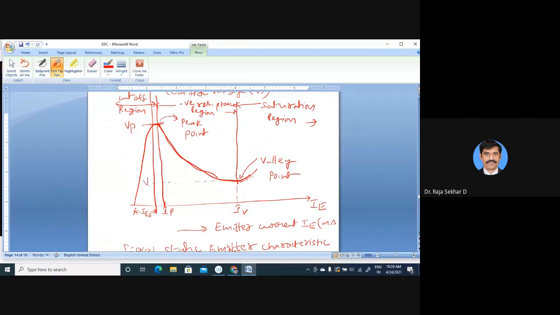This is VV, valley voltage. And this is valley current, IV. And the current at peak voltage, VP, is called IP.